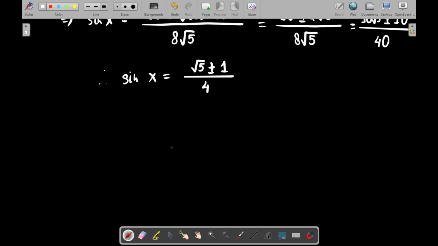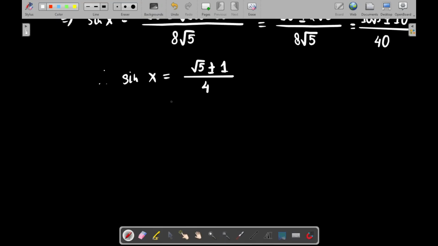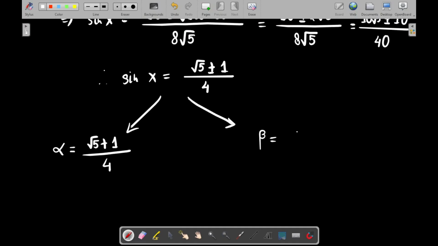Okay, so these are the two values which are given to be alpha and beta, right? So let alpha be this value, root 5 plus 1 upon 4, and let beta be the other value, that is root 5 minus 1 upon 4.